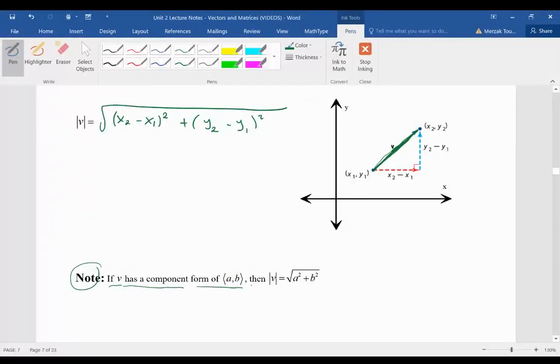Let me make a rough sketch. A, B, this is v. So Pythagorean theorem says v squared equals A squared plus B squared. So the magnitude v is the square root of A squared plus B squared.